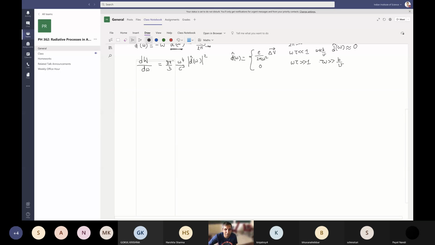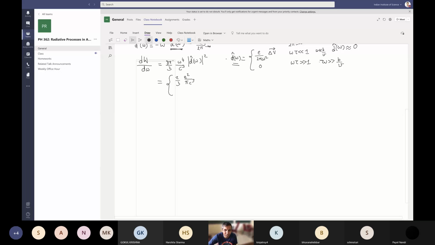So basically, if we plug this in here, this becomes equal to 2/3 e squared by pi c cube, right? So this omega to the 4 and this d tilde square, the omegas go away, right?